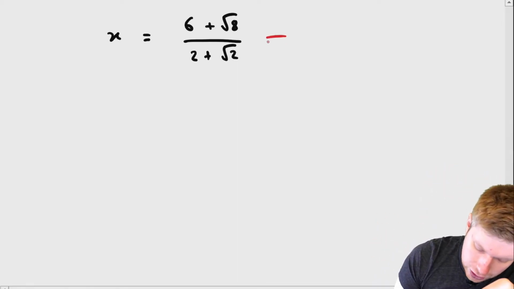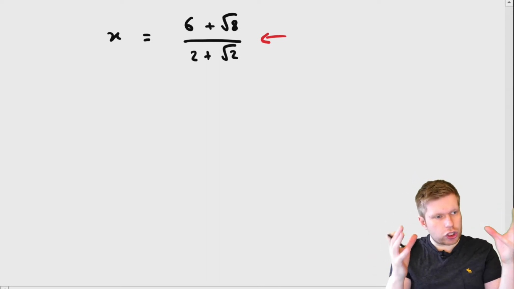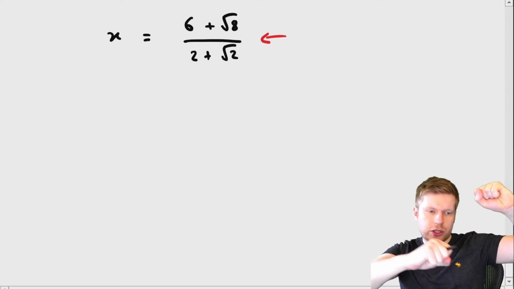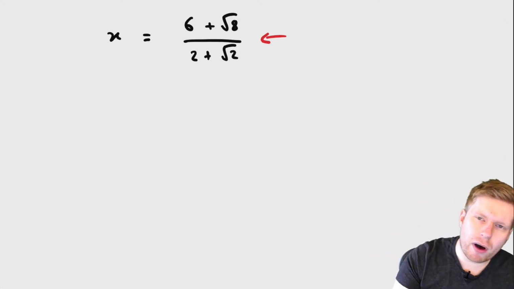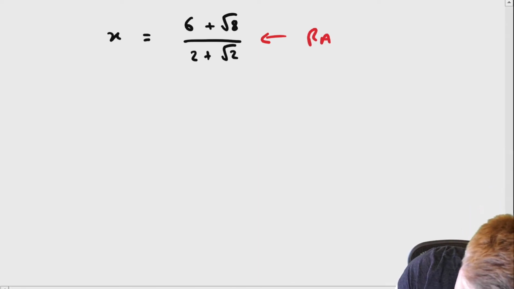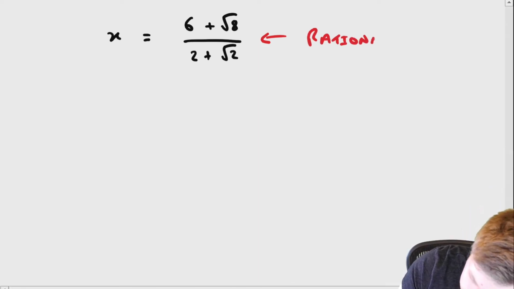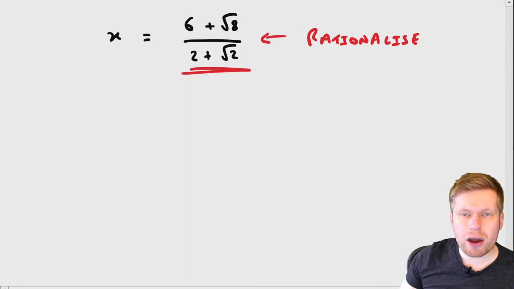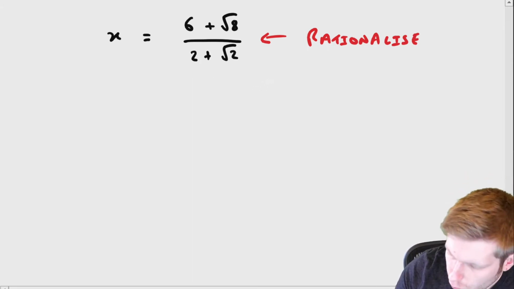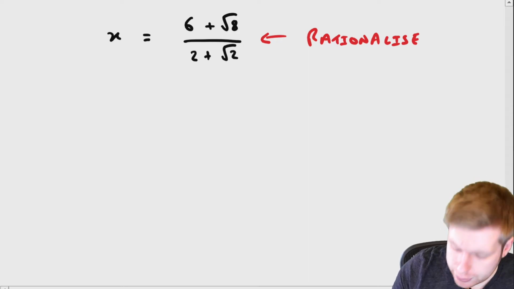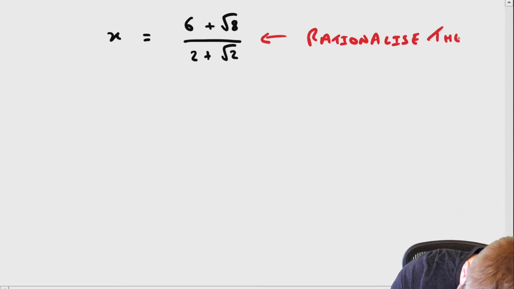We were given something that looked just like this, a surd on the top and a surd on the bottom. If we wanted to simplify, we simply need to rationalize the denominator. In other words, we need to get rid of any square roots which aren't nice whole numbers on the denominator. So, rationalize the denominator.